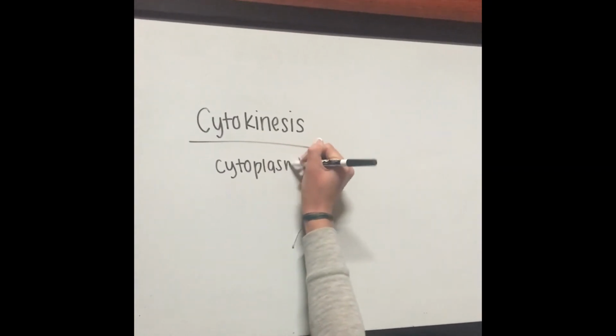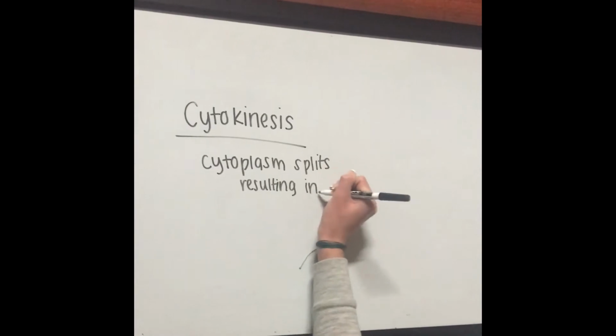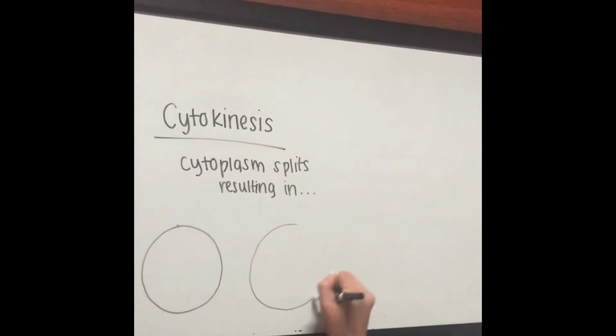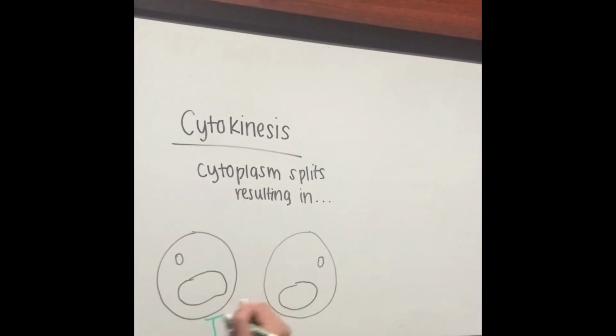During cytokinesis, the cytoplasm splits, and two different cells are produced, resulting in 2 brand new cells.